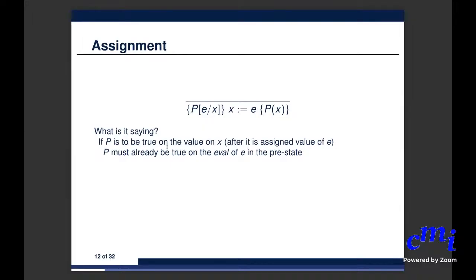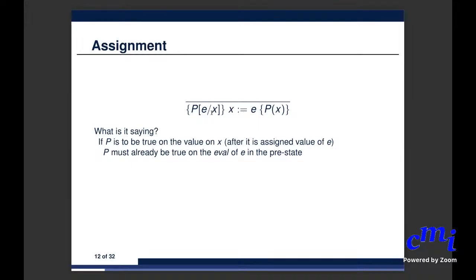If P is to be true on the value of X after it is assigned a value E, P must already be true on the result you get of evaluating E in the pre-state. Now E can have other variables. Those variables remain unchanged, because this assignment statement leaves everything else unchanged.